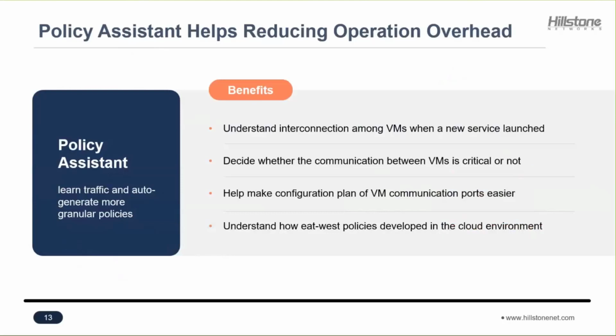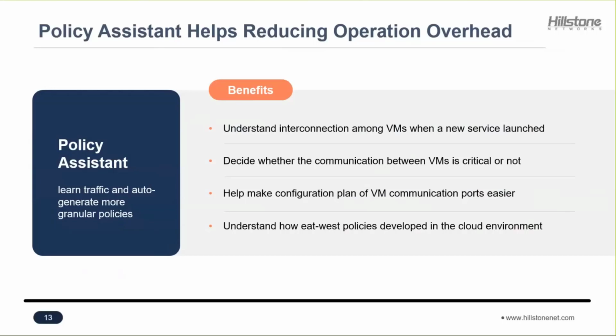The policy assistant is basically a system where you can configure, for example, a more wide open policy in the beginning, and let the system learn what the existing traffic is between the VMs. In the beginning, maybe you don't know what's going on between the VMs, and you don't want to accidentally deny things that should be working.